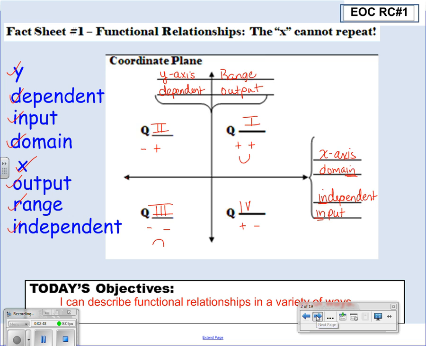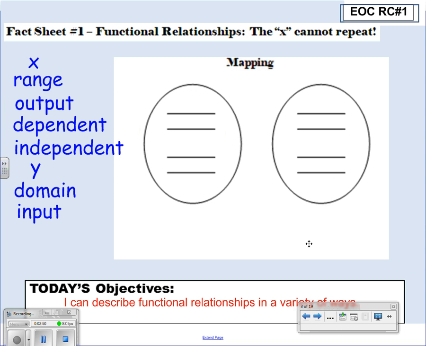Now we're going to move on to mapping. Again, same vocabulary. We're just putting it in maps now. So when we do mapping, the x's go in our first circle, and then our y's go in the second circle.